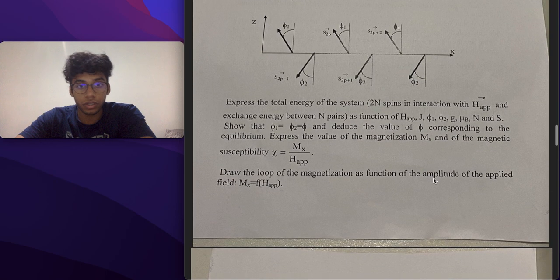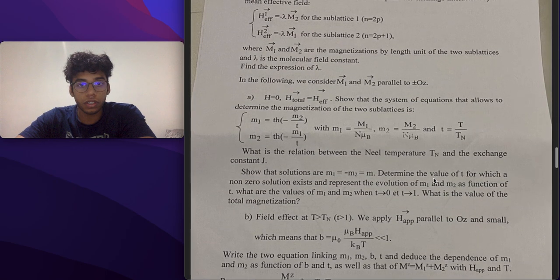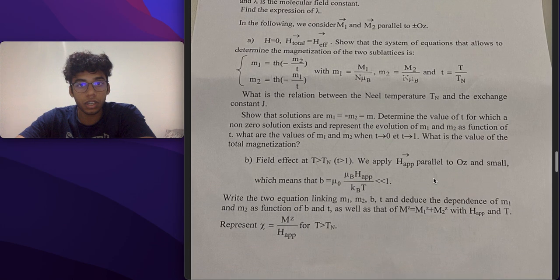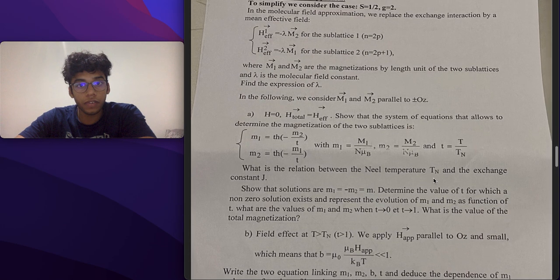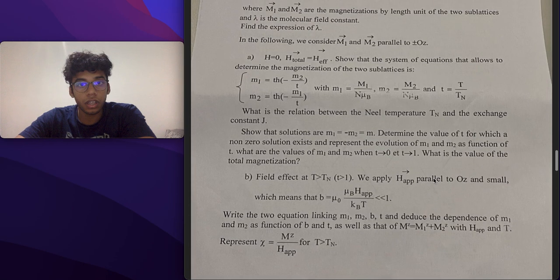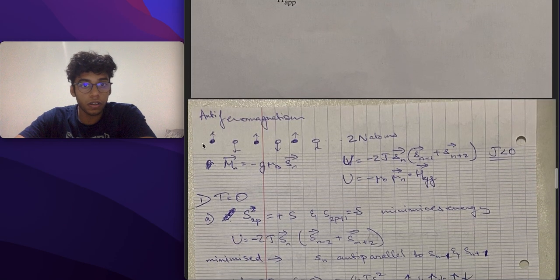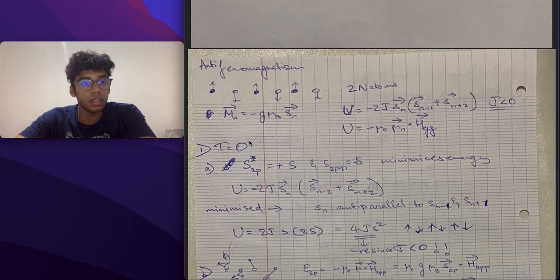So now this anti-ferromagnetism is given by this. We consider a chain of 2n atoms, where the neighboring atoms are aligned with opposite spin, which means the opposite magnetic moment as well.